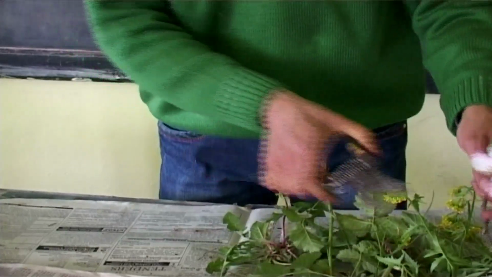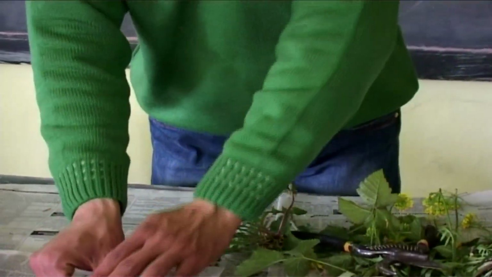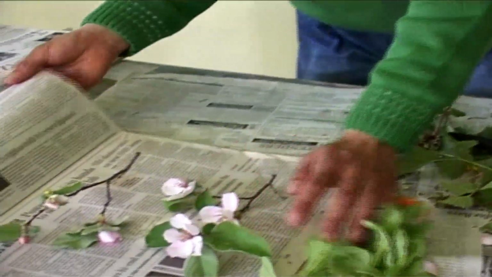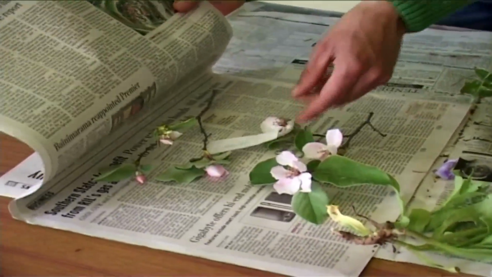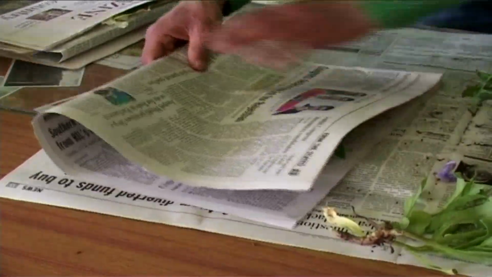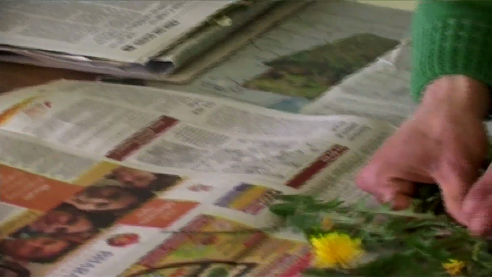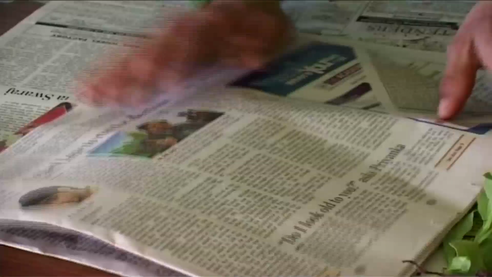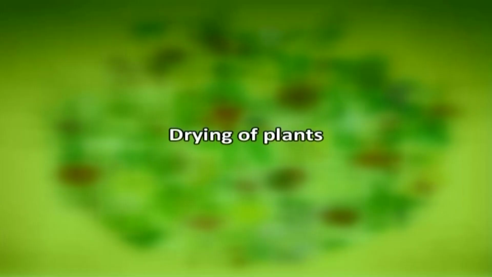The plant specimens are placed in a folded piece of newspaper. The plant should be arranged in such a manner that the upper and lower leaf surfaces, flowers, and fruits are clearly visible.